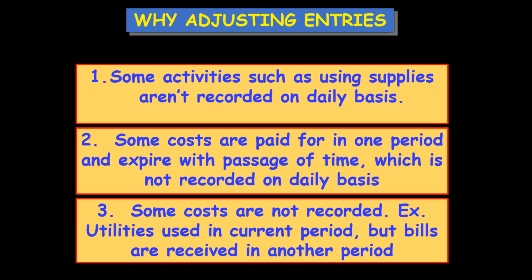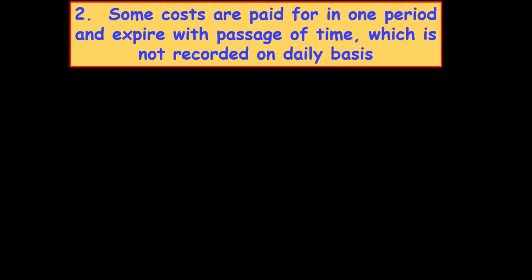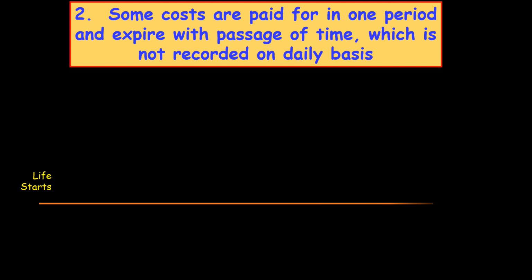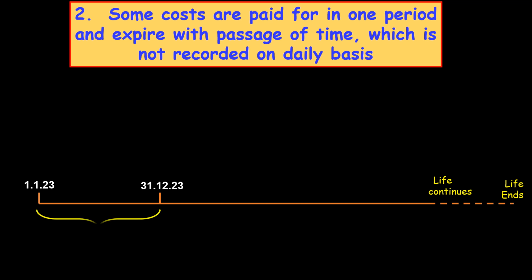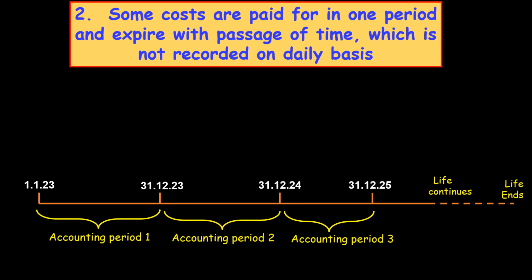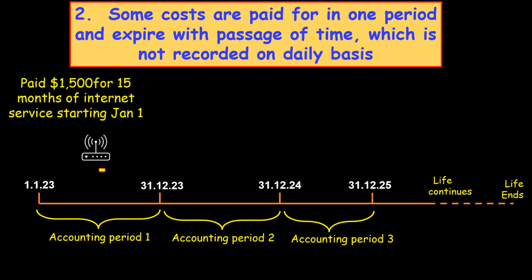So that's reason number one. Reason number two is that some costs are paid for in one period and expire with the passage of time, which again is not recorded on a daily basis. So again, this line represents the life of a business, and the life of a business is divided into accounting periods. So you have accounting period 1, accounting period 2, and 3. Now, say that this business purchased internet services for 15 months and paid for it completely, $1,500, and the service starts January 1st.